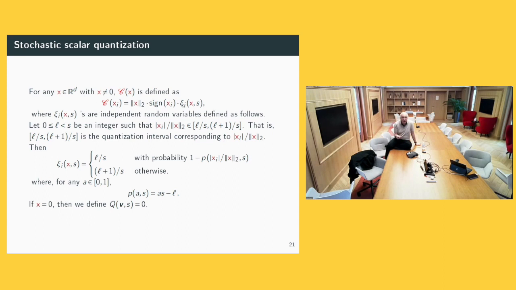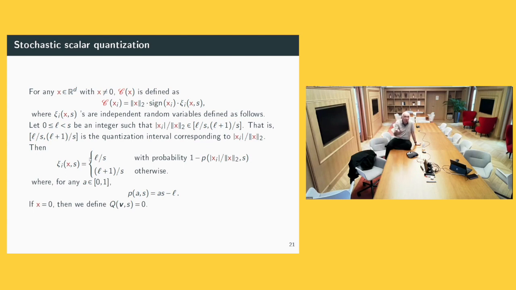And then you replace C of x_i by the norm of x, times the sign of x_i, times some quantity which is a random variable, which may take two values when x_i divided by its norm belongs to the interval [l/s, (l+1)/s]. With some probability you take l/s, with some probability you take the other side of the interval, and you make it in such a way that the randomness comes from which point you select, and the expectation of this quantity is unbiased.